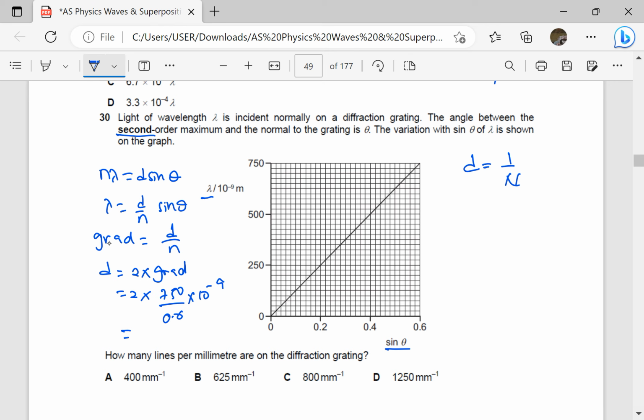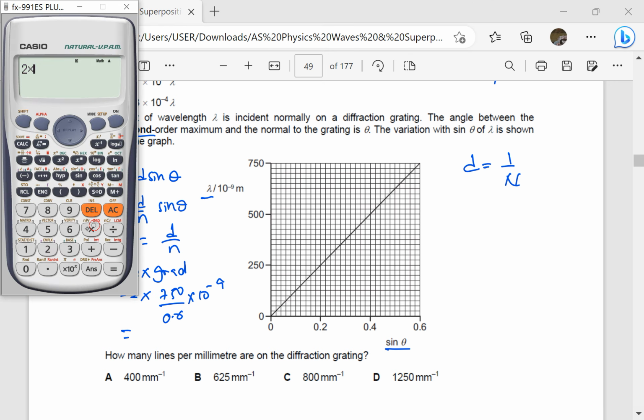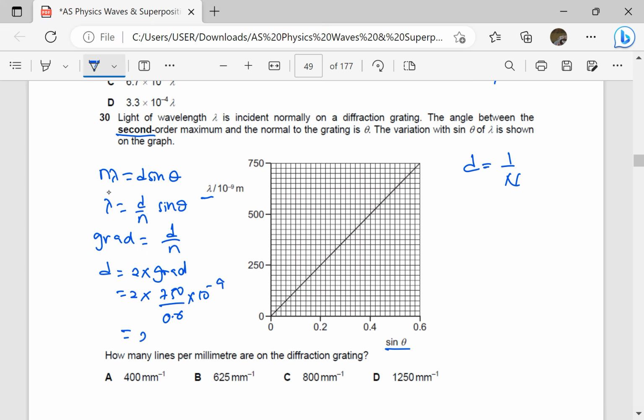So d is 2 times 750 exponent negative 9, divided by 0.6. So this is 2.5 times 10 power negative 6.